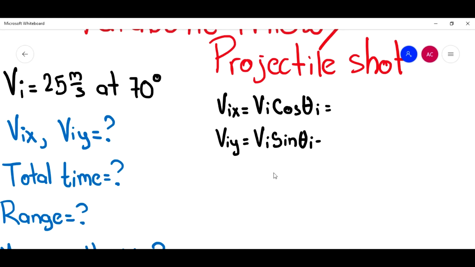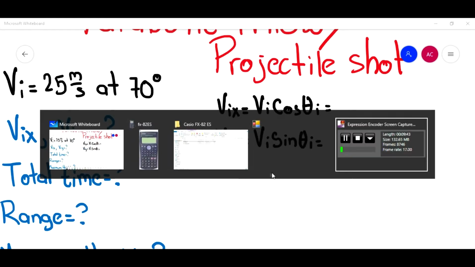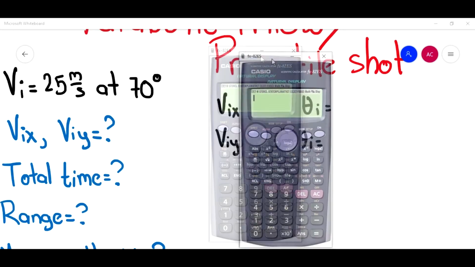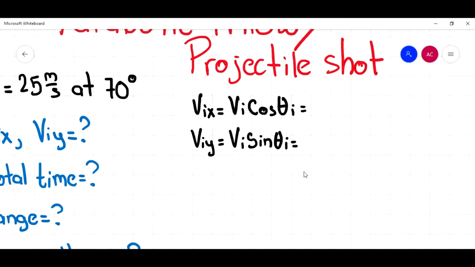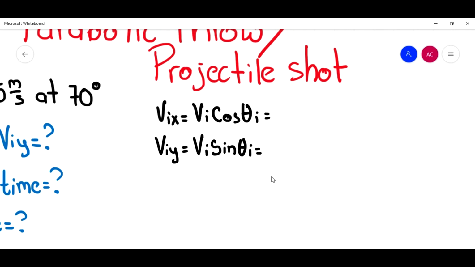I can do it in the calculator. Okay, so I'm going to open my calculator. So the initial velocity is going to be 25 that multiplies the cosine of the initial angle, that is 70. Okay, equals, okay, that number is the initial velocity in x. So I'm going to save this value in my memory A, and I'm going to write it over here.